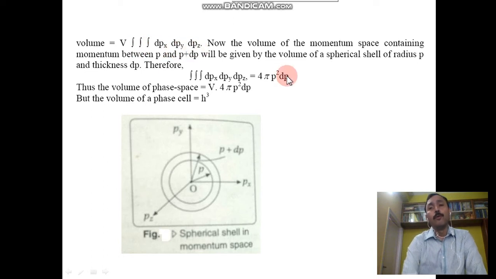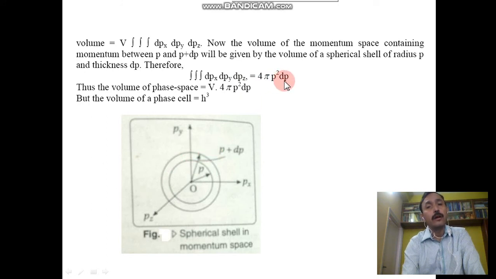Now the volume of the momentum space containing momentum p and p plus dp is given by the volume of a spherical shell of radius p and thickness dp. Therefore the volume integral dpx, dpy, dpz can be written as the surface area, 4 pi p square, times the thickness dp.